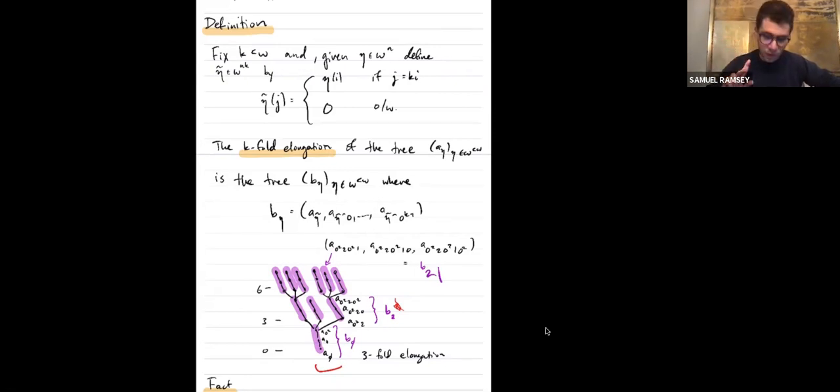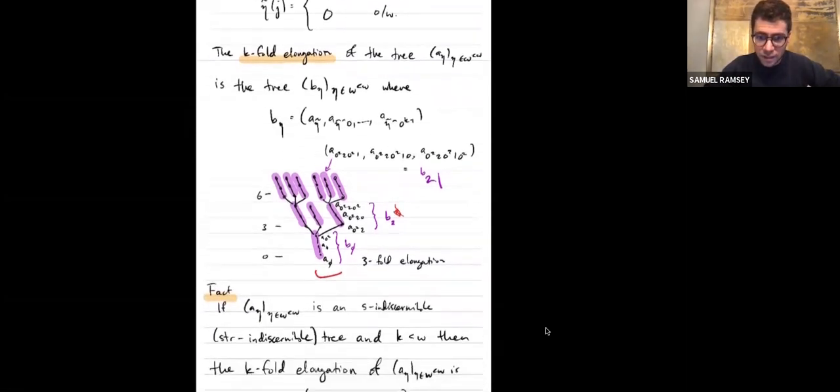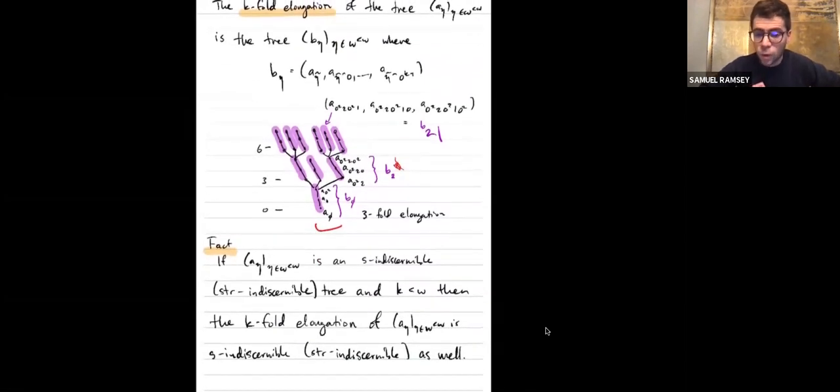Okay, so what's the point? The point is this gives me a way of constructing new indiscernible trees from old. So the fact that we have here is that if you start with an S indiscernible tree or an STR indiscernible tree, and you replace each node with this elongated tuple, that stays S indiscernible or STR indiscernible. And okay, how do you check this? Well, take two n tuples from omega less than omega, eta bar and nu bar.